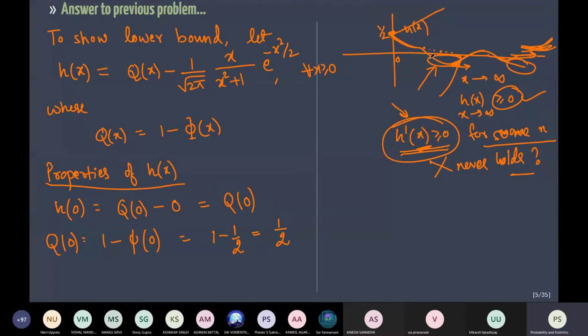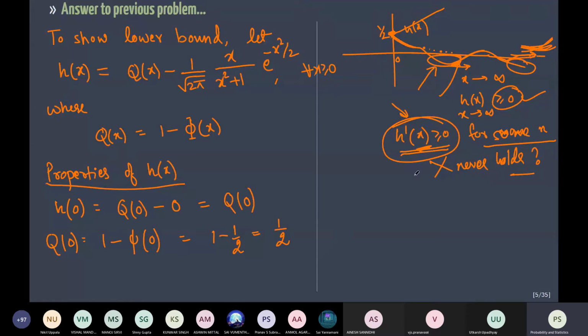So then we need to rule out the case where h(x) decreases and then increases, because asymptotically it has to come up. So we have to discard these cases where h(x) is greater than or equal to 0.